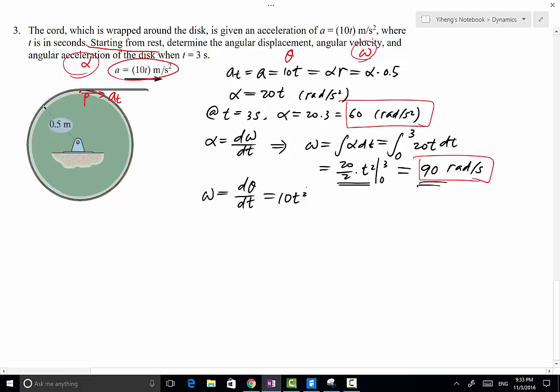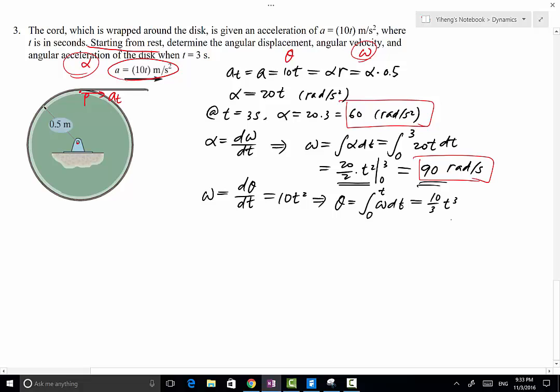Therefore, from here, we can find theta to be the integration of omega dt. So if we integrate this from 0 to t, we will have the general equation, the general function of time for theta, and that is 10 over 3 t to the third power.